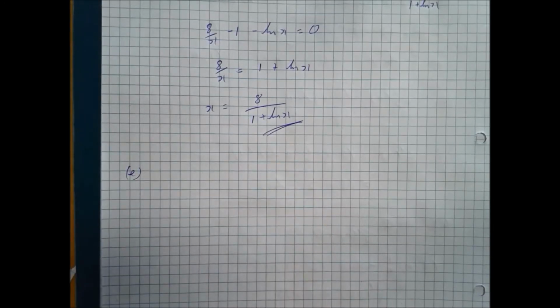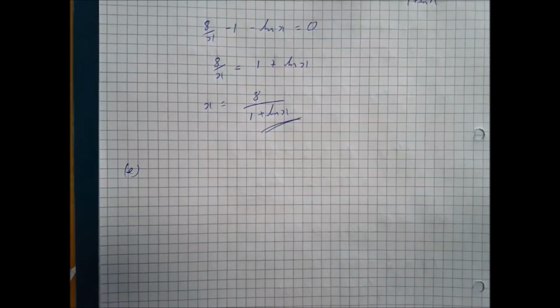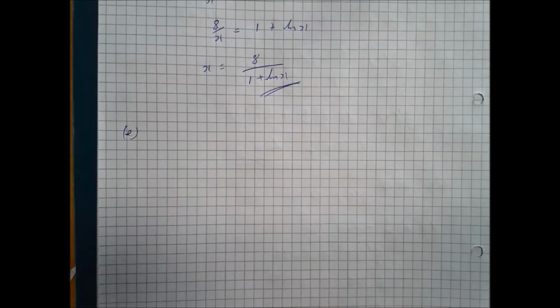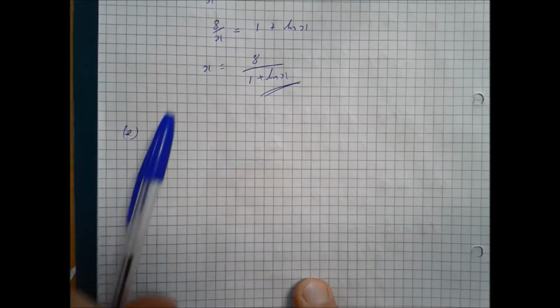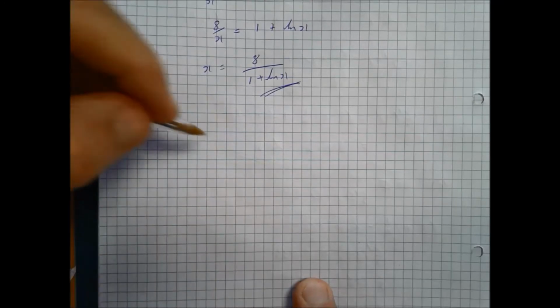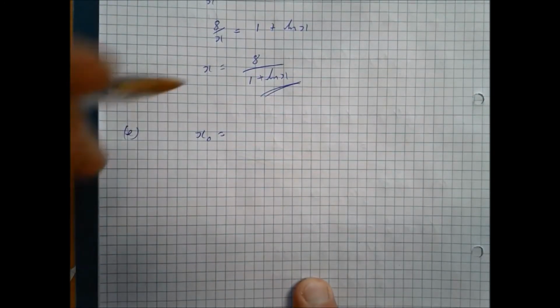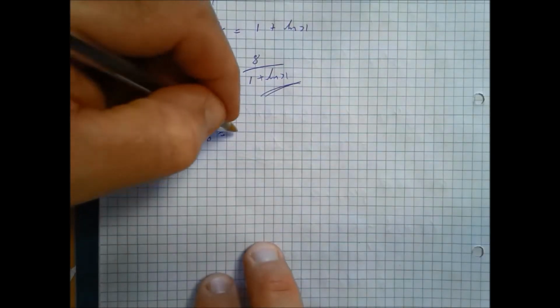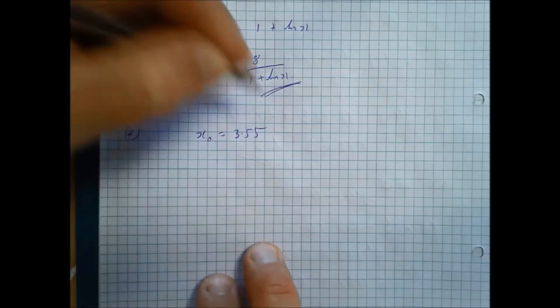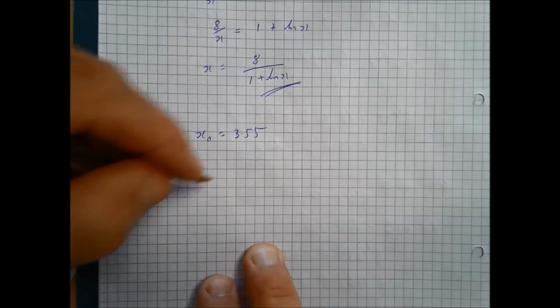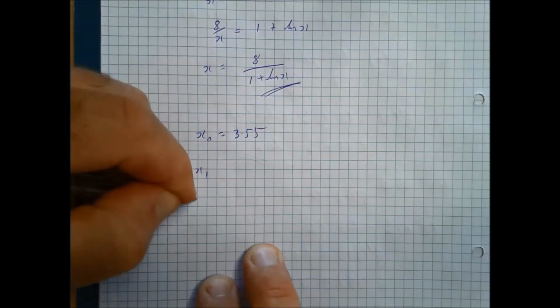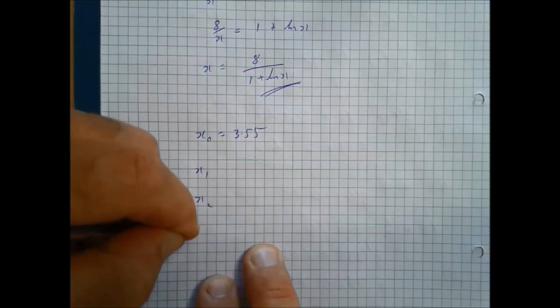Okay, E now is getting a numerical approximation. And we're going to use the formula that we've just got. So this one here. And we're going to have x naught equals 3.55. And we're trying to find x1, x2 and x3.